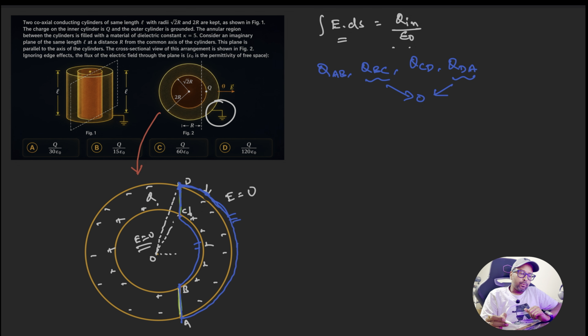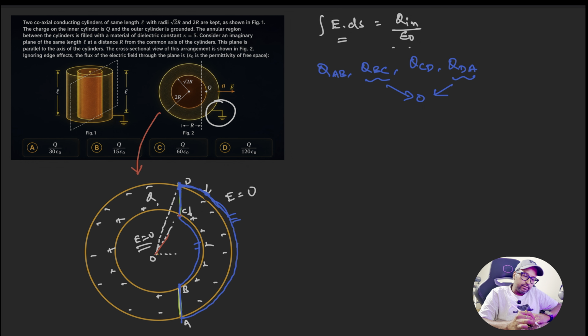Here what happens is that we are going to take the flux through this region, which means that we need to find the charge enclosed in these regions, right? So if we were to look at this problem again, here let me switch to some other color.